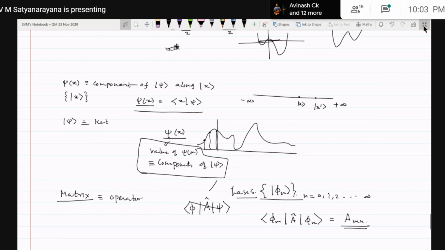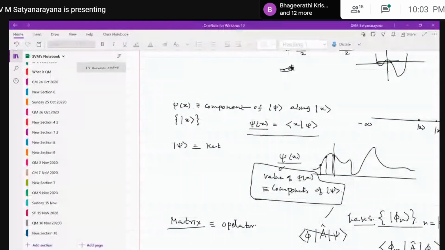Yes, sir. So further a question, sir. If we are integrating within the limits under consideration, and taking psi star psi, and suppose we are considering an equivalent row and column matrix representation, so taking the dot product of this first, is it equivalent to taking the integral psi star psi?